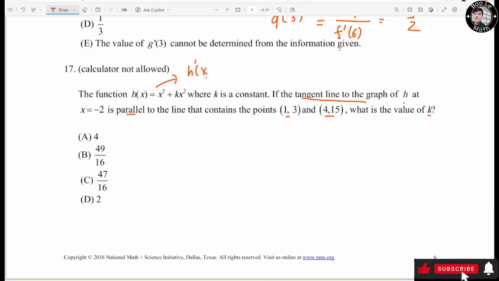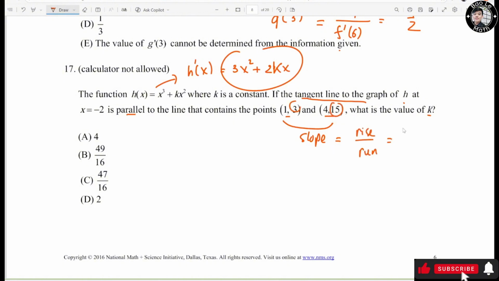So h prime of s equals 3s squared plus 2ks. This must equal the slope of the line, which we find using rise over run: 15 subtract 3 over 4 subtract 1. So it's 12 over 3, which is 4.